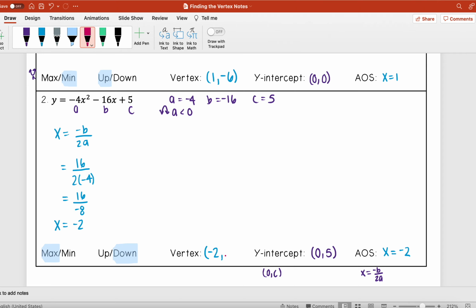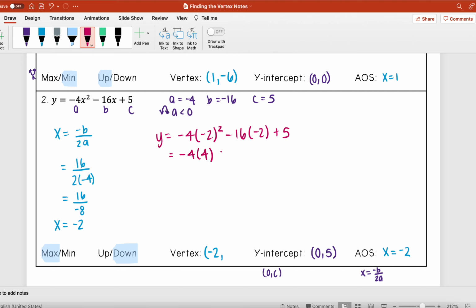So now to find what my y value is, I need to plug this negative 2 in for x. So everywhere I see an x, I'm going to replace it with negative 2. And now I'm going to simplify from here. So again, I need to make sure I do my exponent first. So negative 2 squared, I get a positive 4.